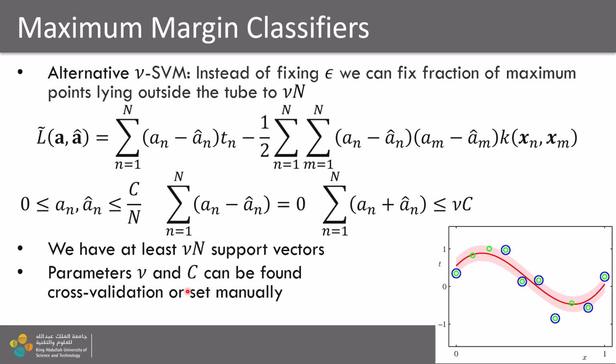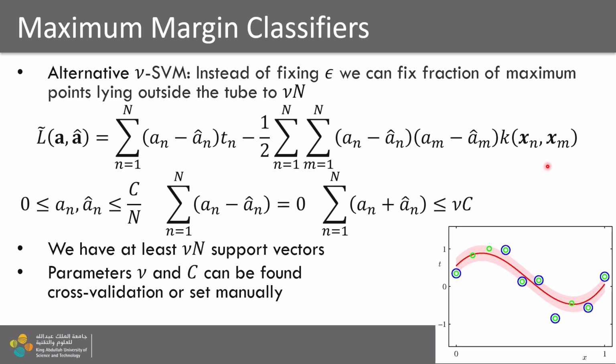So instead of fixing the epsilon, we will be fixing the fraction of maximum points lying outside the tube to nu n. In this case, we have a similar Lagrangian dual form as before, except that we do not have the term with epsilon anymore.